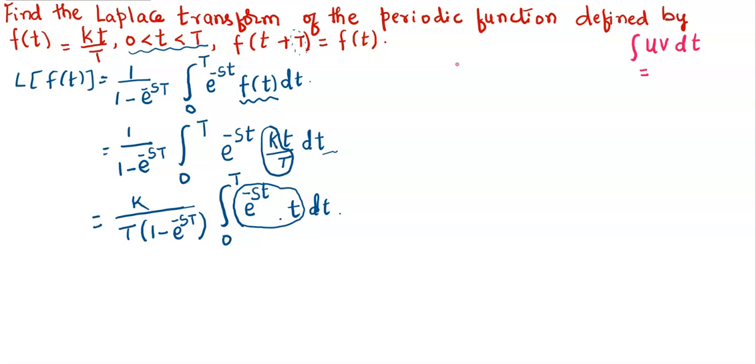For that reason, we take the polynomial part as the derivative. In this function, this t we are taking for the differentiation.